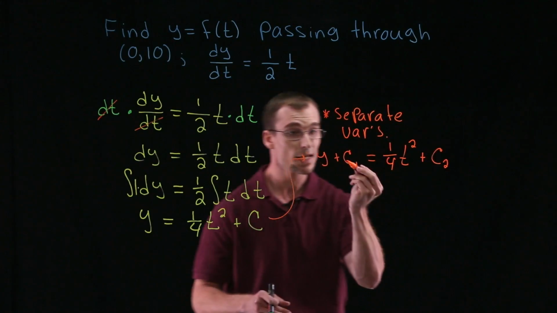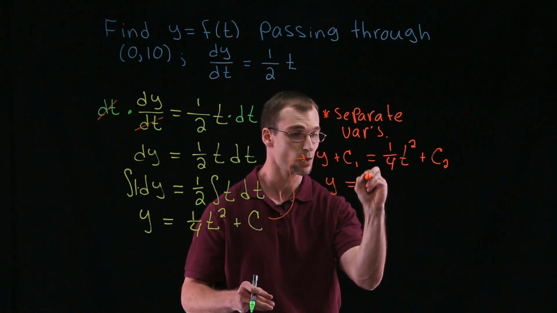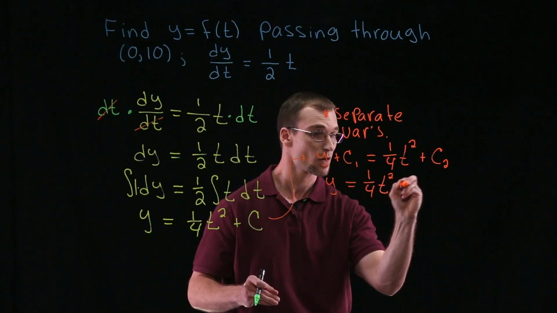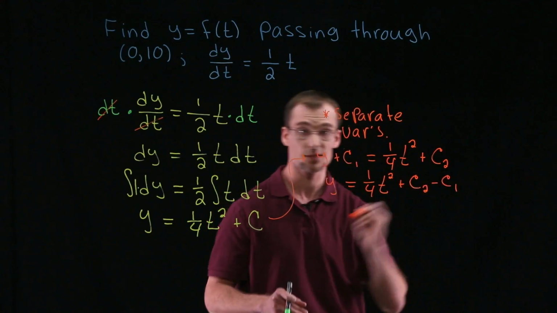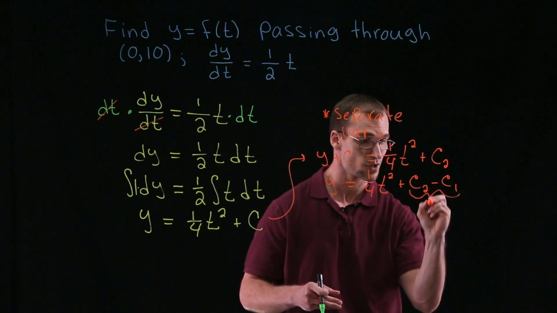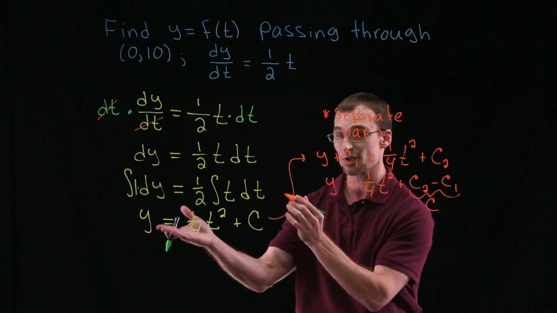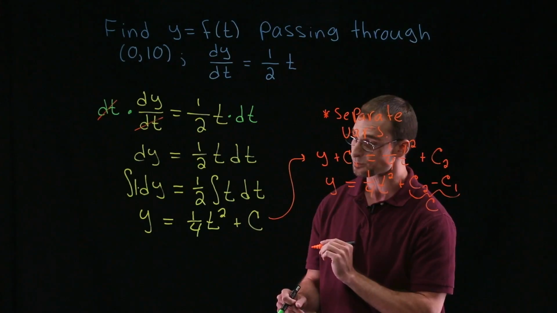But what we can do is bring the c1 over to the right-hand side, giving us y equals 1/4 t squared plus c2 minus the constant c1. And a constant minus a constant is, again, just another constant. So we'll just call that the general c. So it's typical just to skip this kind of work and jump into writing it like this, but that's what we mean.